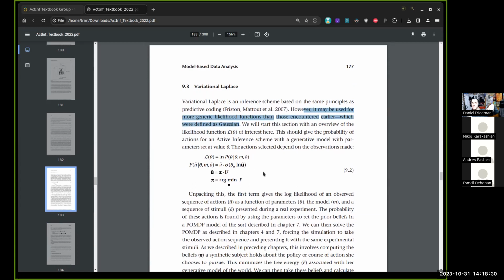So if the distribution has a central tendency, the variational Laplace can do very well. If the distribution has fat tails or has a multimodal tendency, variational Laplace will not do well if it's Gaussian.